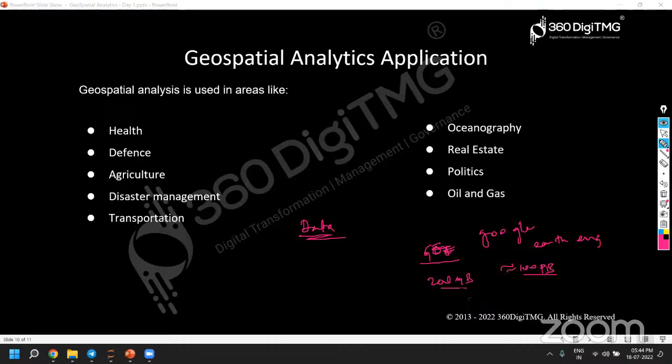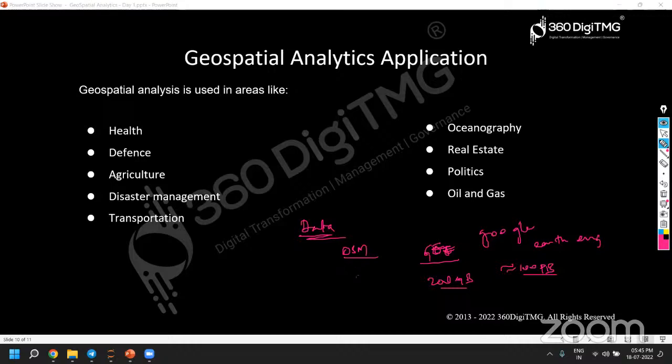Then we also have, as I discussed, OpenStreetMap information, also called OSM. Again, this is also a geographic database, and it basically talks about the entire world. And this is also open source. It's free to use.